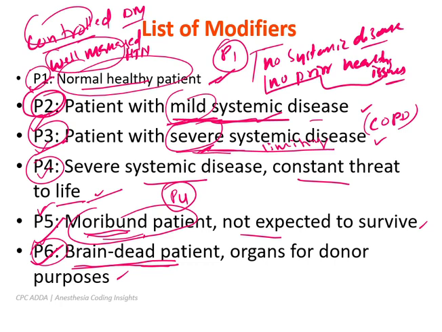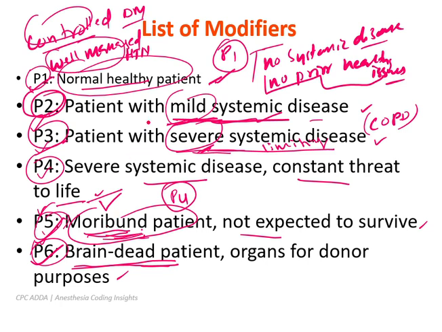Whereas P5 is a moribund patient, where the patient already has a condition where, without surgery, there is no chance of surviving. If you do surgery, then there is a chance of surviving, right? So in this case you need intensive care and resources.